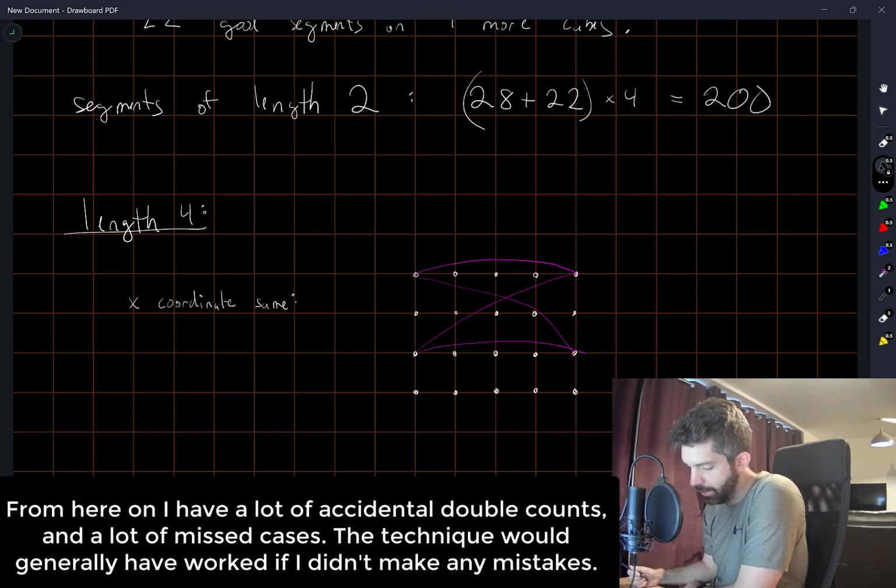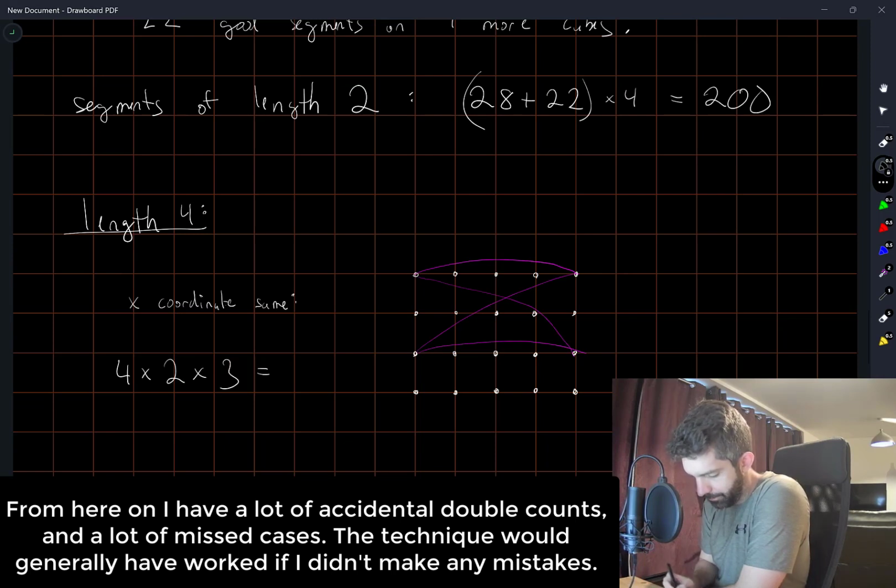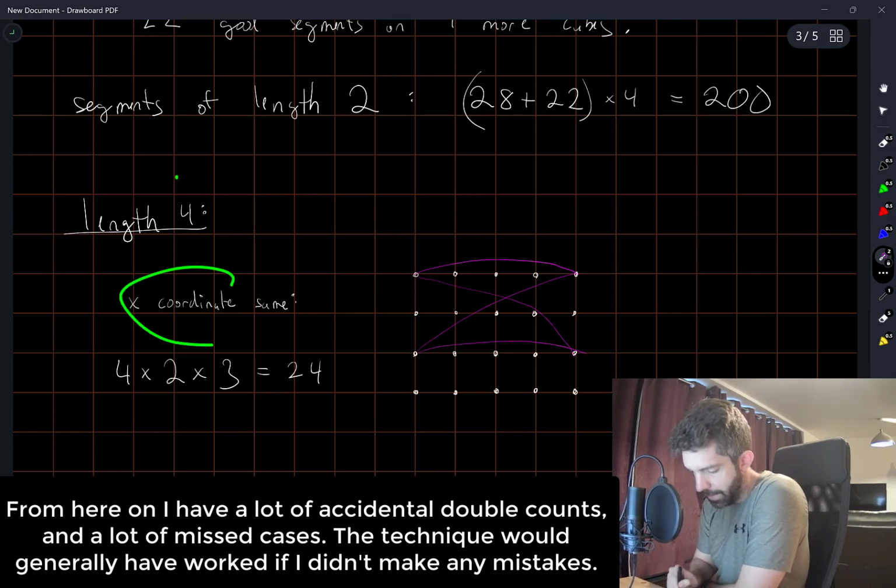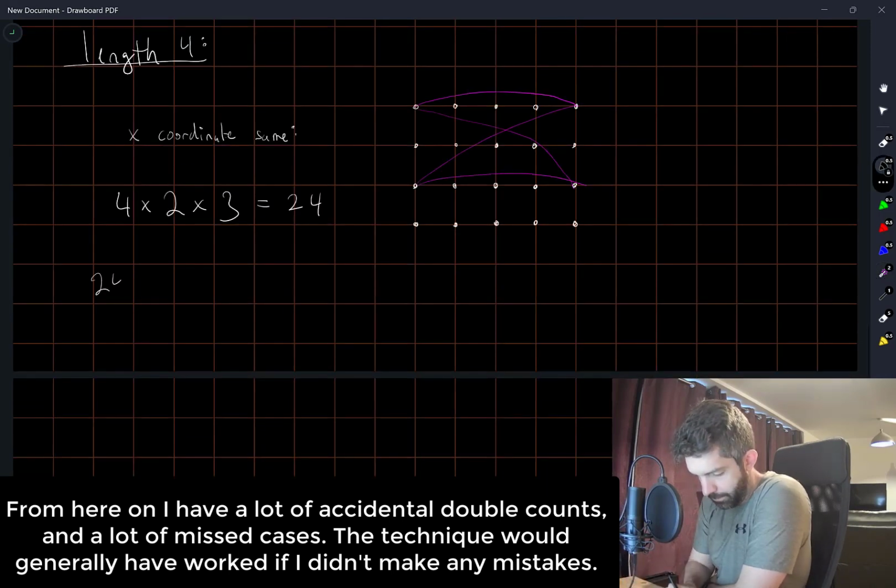That'll give me another 4 valid pairs. So there are 4 times 2 times 3, which are 24 ways, 24 pairs of length 4 where the x-coordinate is the same.